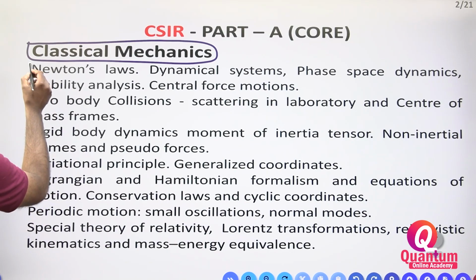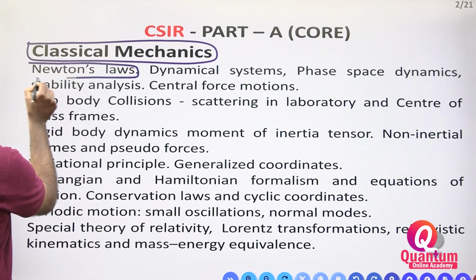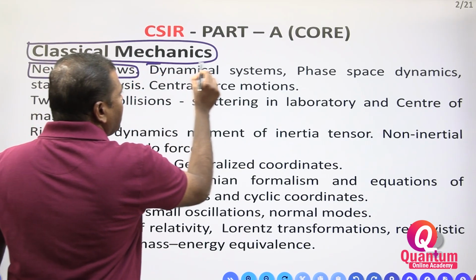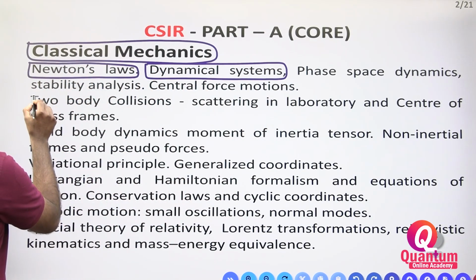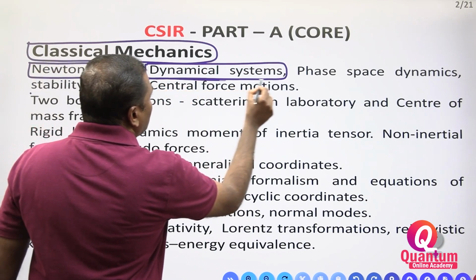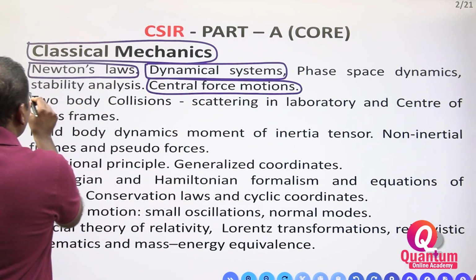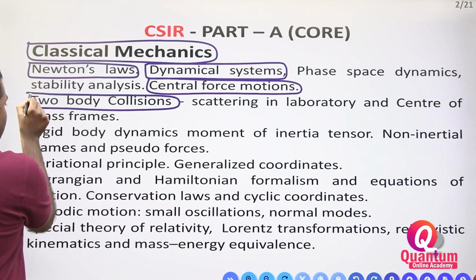Here you have to see Newton's laws. This is the first one. Next, dynamical systems. In the advanced part also, the same syllabus is there. Next, central force motion, 2-body collision, right?